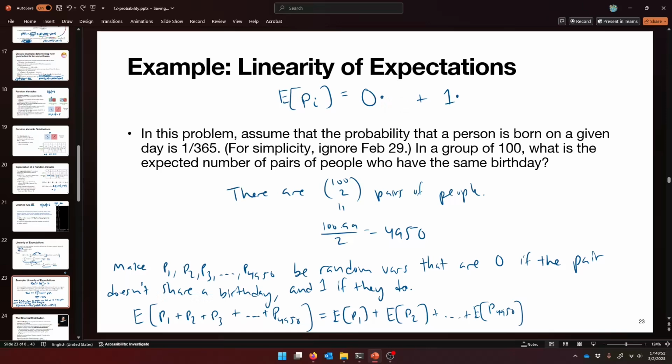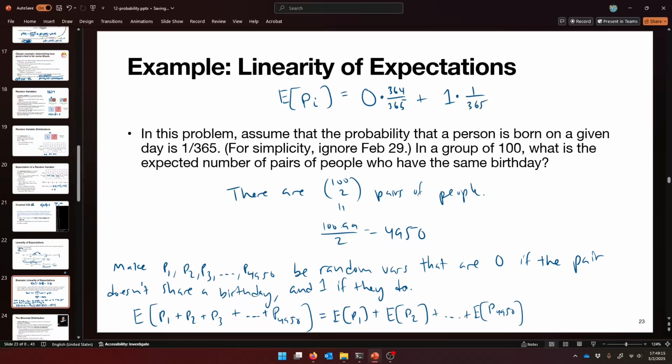The first person's born on any day, and then the second person was born on some day that wasn't that one. It's just 364 over 365. And then plus 1 times the probability, since it's a 1 if they shared a birthday. What's the probability that they both shared the same birthday? There's only one day that they could have shared, so 1 over 365.